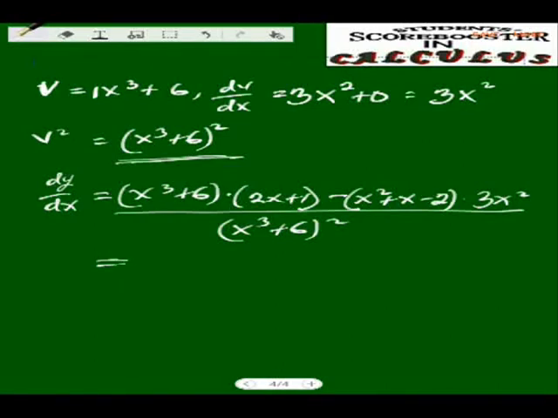So I can simplify this, and I hope this is not too difficult for most of us.